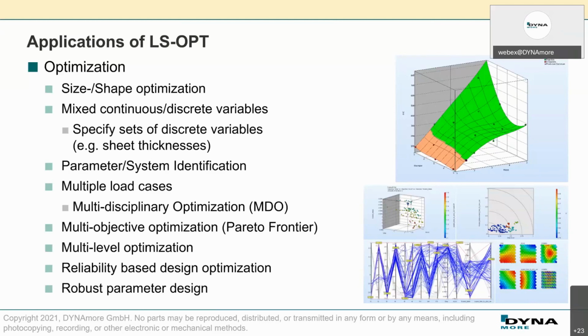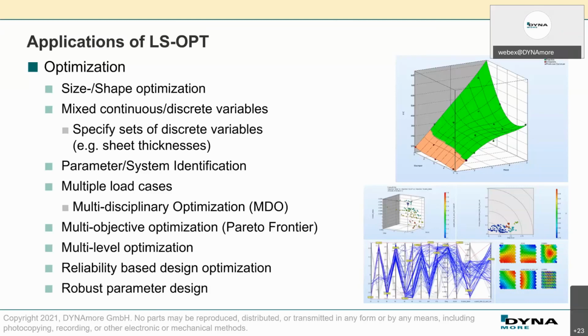Multi-objective optimization is available in LSOpt. So if the objective function is not unique anymore because of conflicting objectives, then LSOpt has functionalities to calculate Pareto optimal solutions. Multi-level optimization is available in LSOpt, so you could divide a huge optimization problem into smaller optimization problems and then use a multi-level optimization to optimize a few parameters in the inner level, use the result in the outer level to optimize some other parameters, go back to the inner level, and so on.